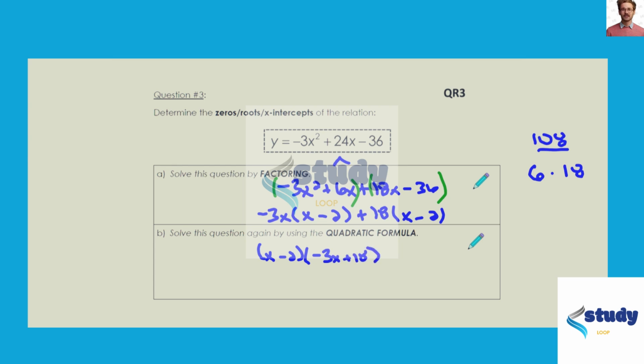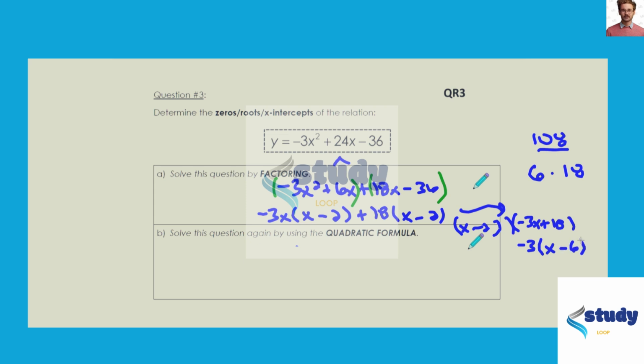I'm in a different territory here, so let me finish this over here. We can still factor out a negative 3, then we're left with x minus 6. And that's still being multiplied with x minus 2. So let me put this properly.